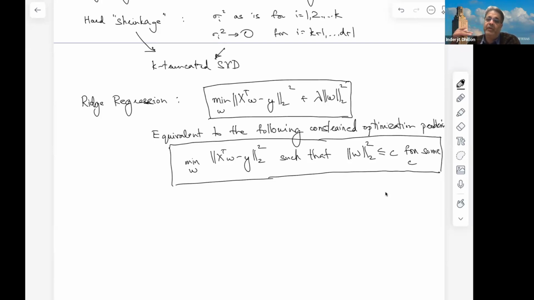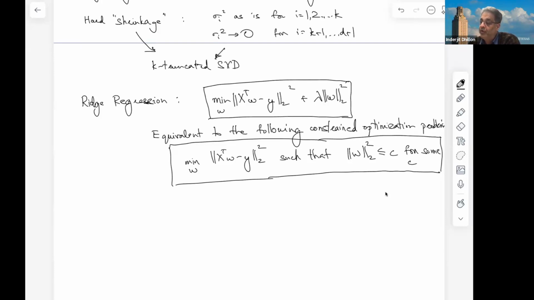And it'll actually help you understand a different kind of regularization, which is when we don't regularize by the sum of squares, but we regularize by the sum of absolute values. So instead of the L2 norm squared, we can actually regularize by the L1 norm, which leads to what is known as the lasso, which you might have heard about.